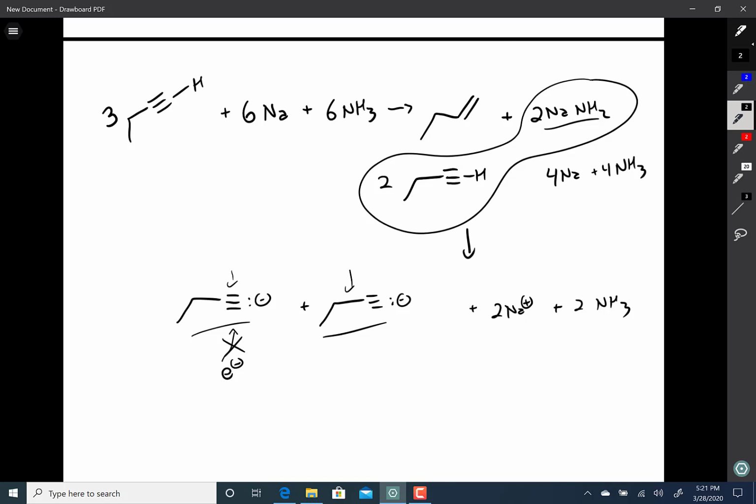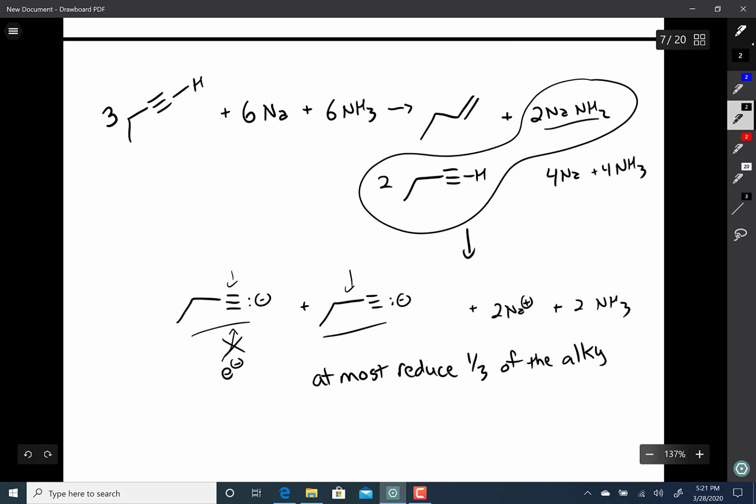And so as a result, you can at most reduce 1/3 of the alkynes to terminal alkenes.